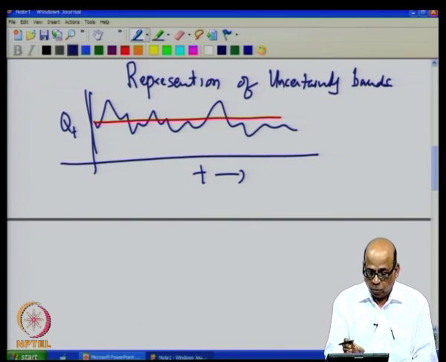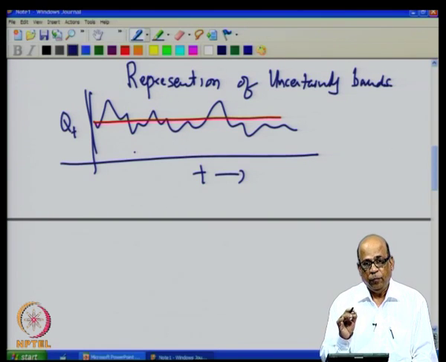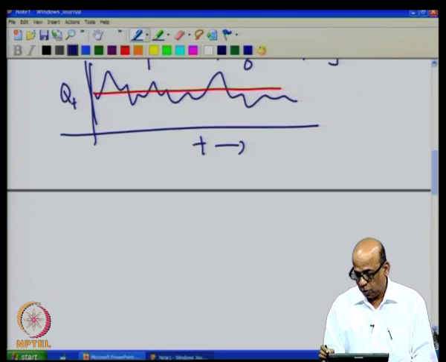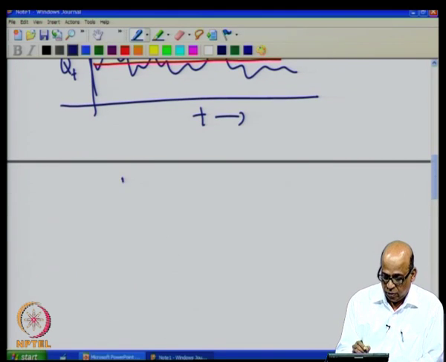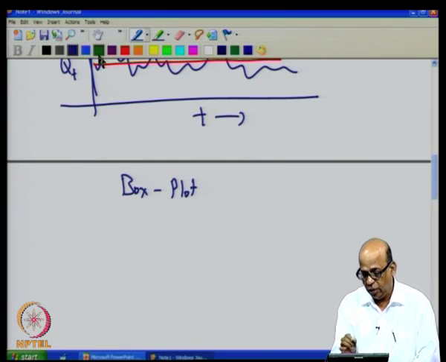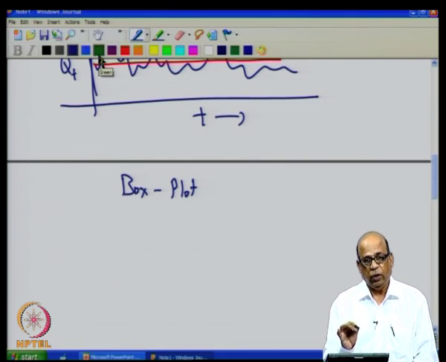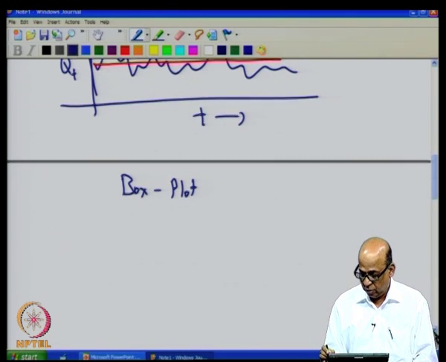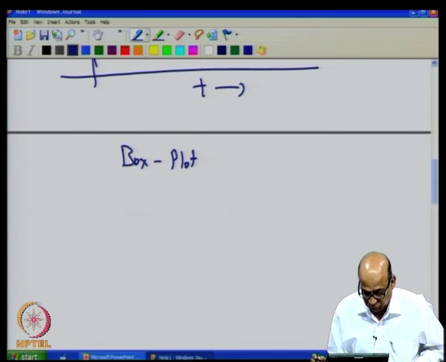So, to compress the information provided by this visually, we prepare what are called as the box plots. So, the best way of representing the entire time series is through a box plot. That is the information contained in the entire time series we can prepare using a box plot.